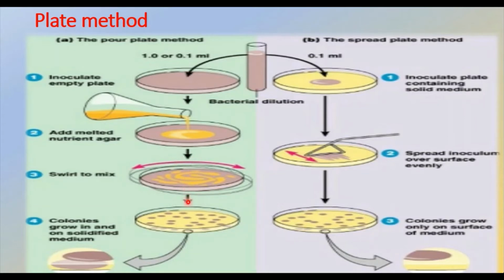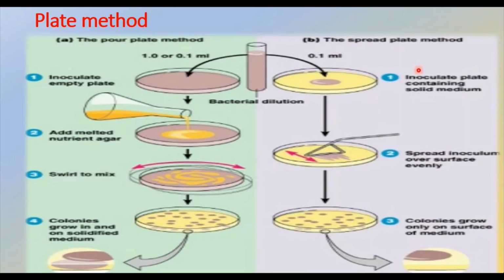Once mixed, they are incubated for 24 hours. After 24 hours, we are able to see the growth of colonies in as well as on the solidified medium. Then we count, and the count is directly proportional to the number of bacterial cells. This is the pour plate technique.